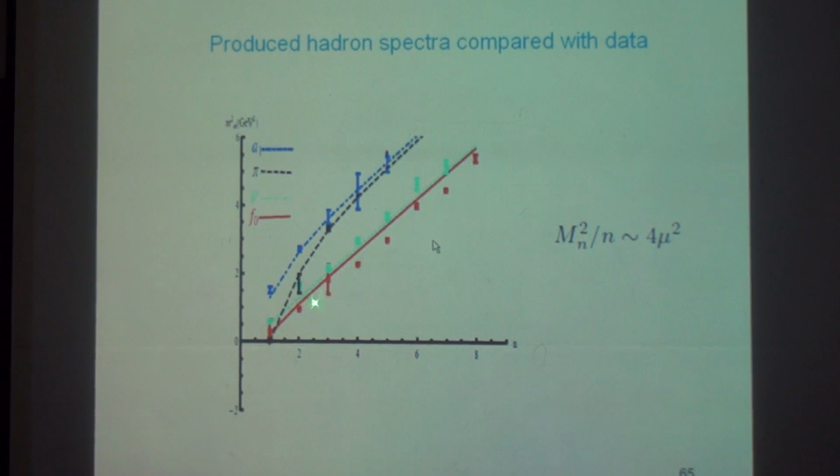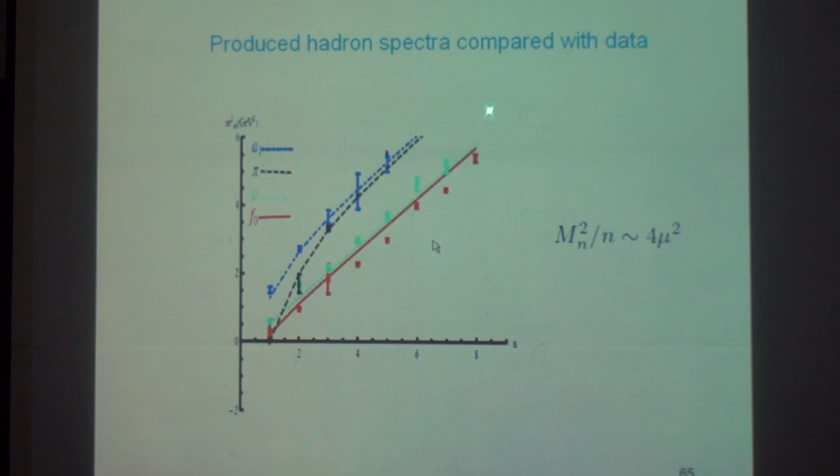quite well. So basically, for lowest or ground states, we have this Goldstone pion mass. And also we have this chiral symmetry breaking, so basically this splitting between the chiral partners. But for higher excitations, we can get this linear behavior.